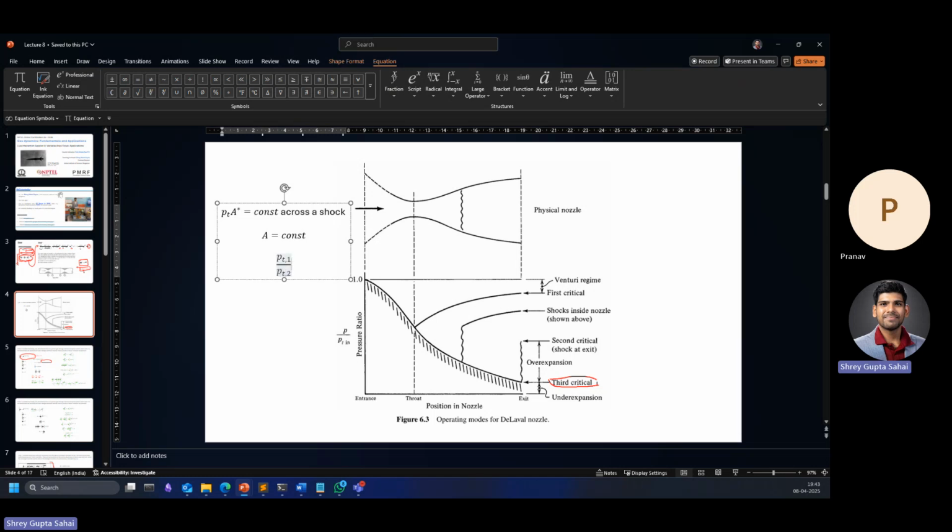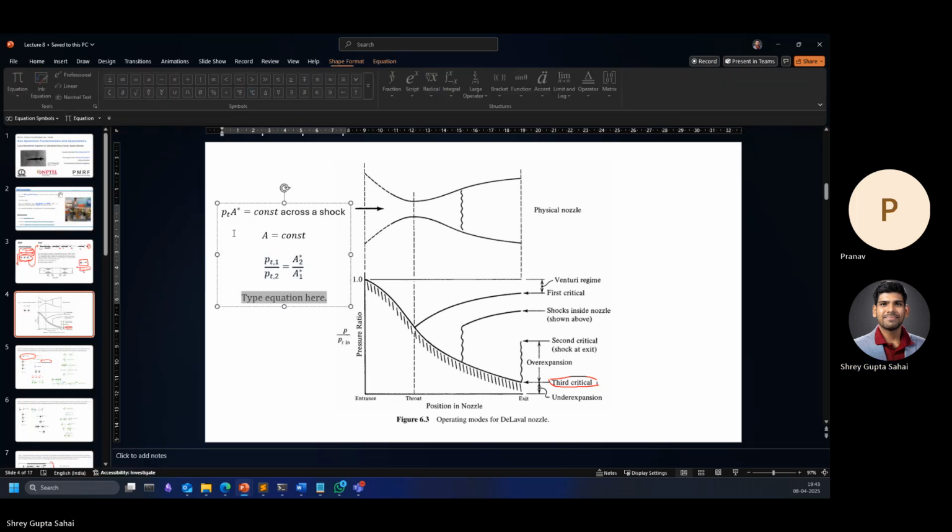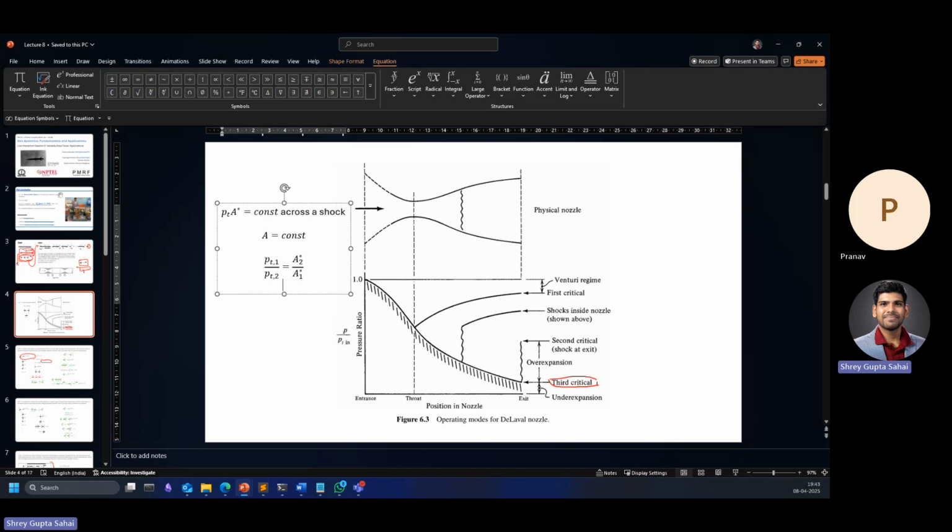Wait, let's see. So P total 1 by P total 2 will be A star 2 by A star 1. And so their area ratios, A by A star. Let me use this.